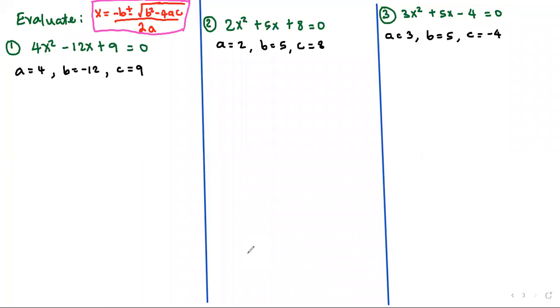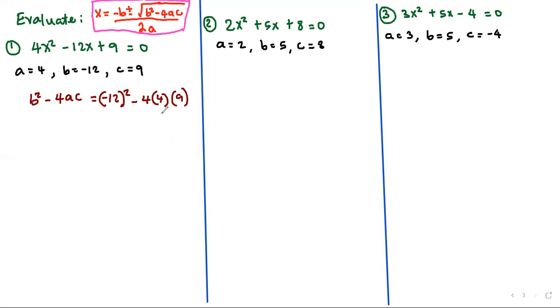Now, I told you step 1, let us first know what is the value of b squared minus 4ac. Now, b squared minus 4ac in part 1: b is minus 12, so we shall have minus 12 squared, then minus 4 times a times c, which is 9.